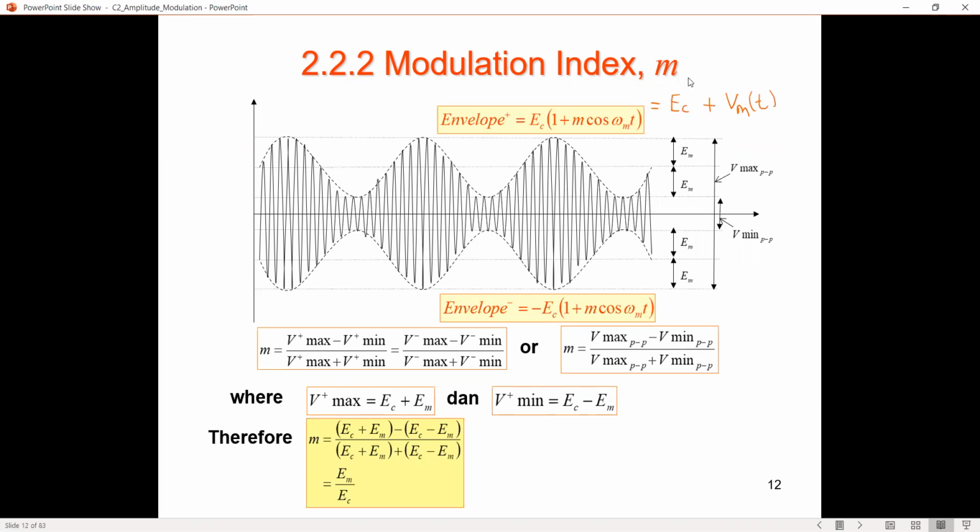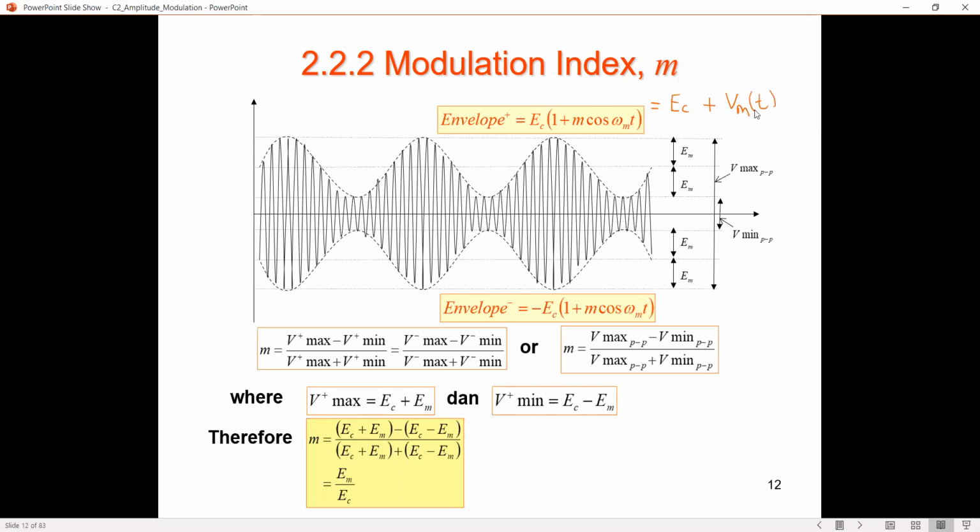But our VMT is shifted by EC, because originally it should be centered around 0, and then it's shifted by EC. So the dotted line here is known as the envelope equation.